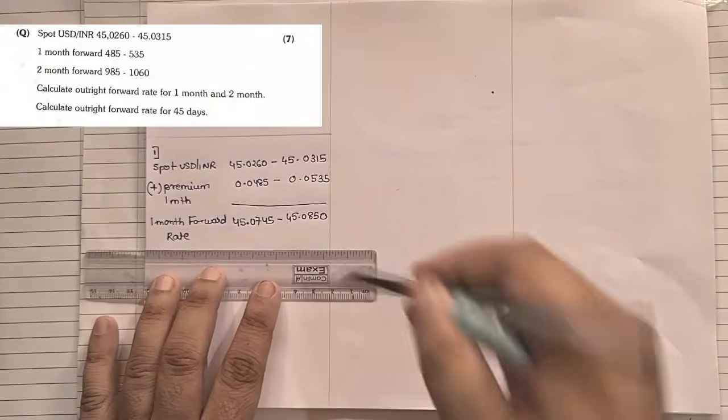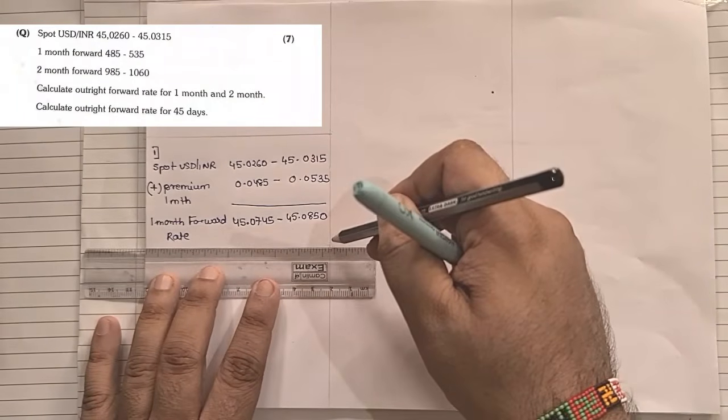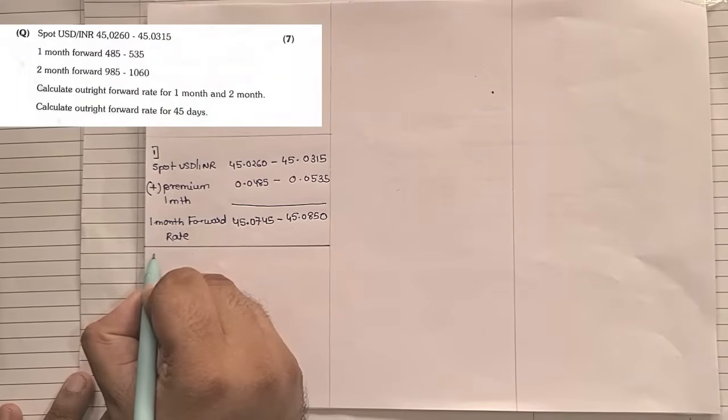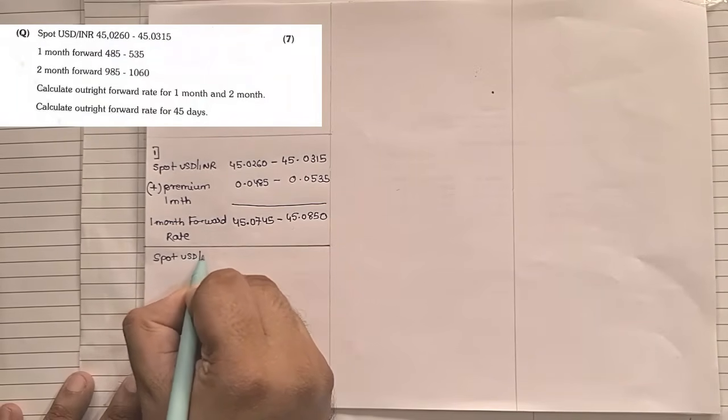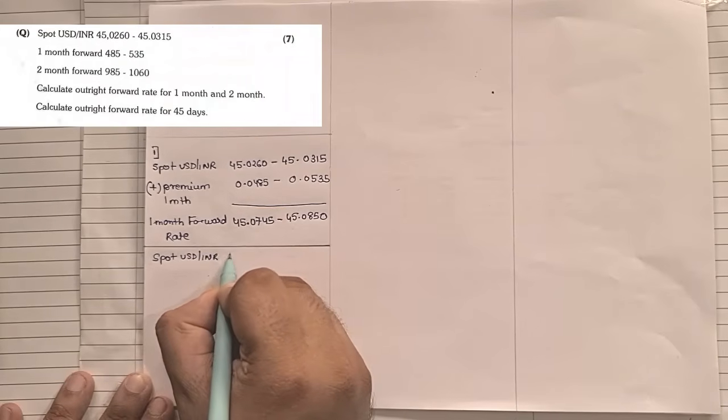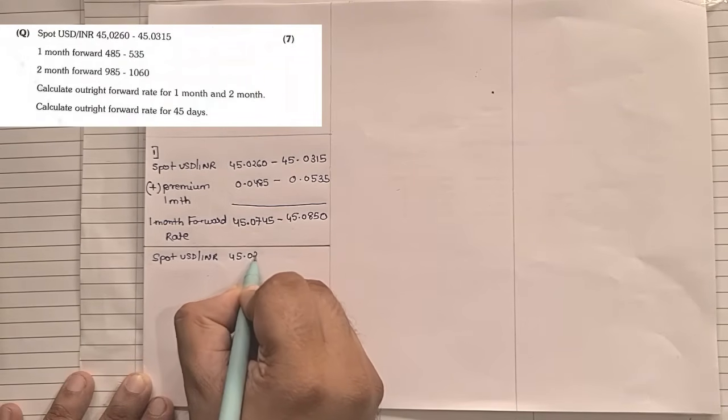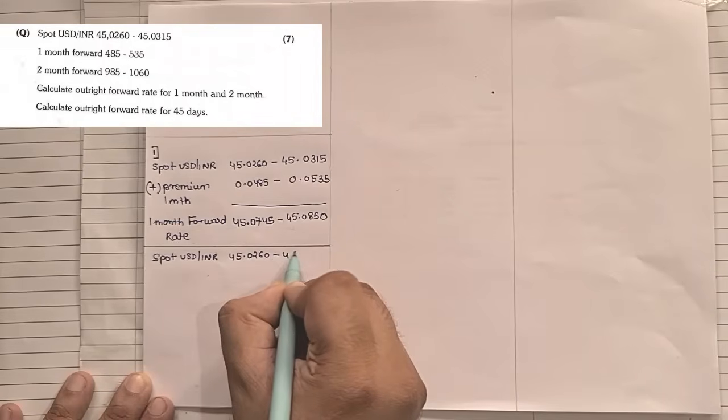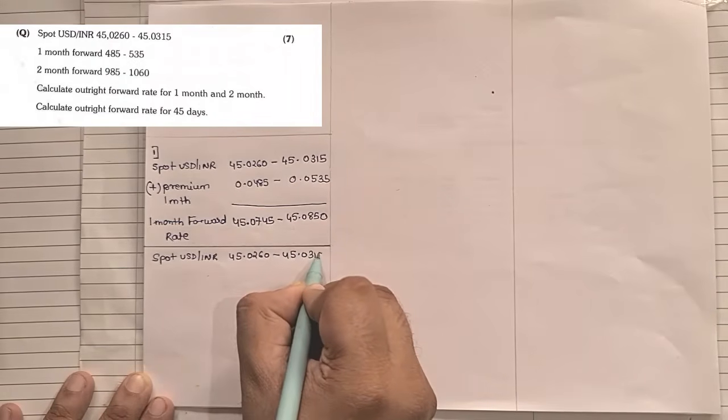Now, though this was the 1 month forward, let us start finding the 2 month forward. I'll just make a line here. For the 2 months, again spot USD, it will always start with the spot. So it was 45.0260 and 45.0315.